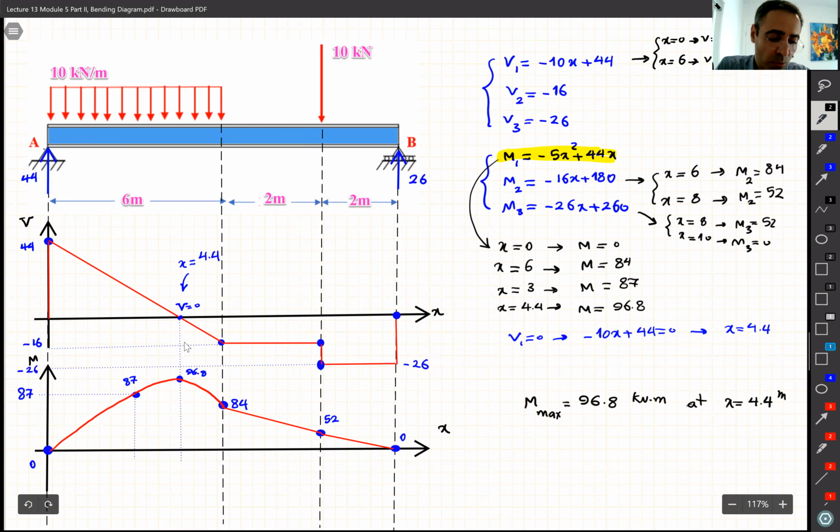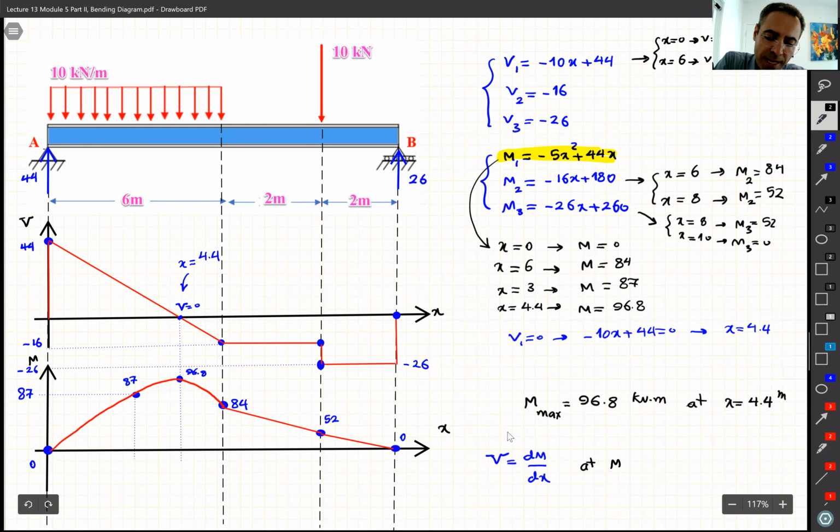And also another good thing that we can double check is we know that V is the derivative of M, right? So if at a point M is maximum, it means V is 0. Because remember, how do you find the maximum of a graph? You take its derivative, right? If you take the derivative of M and set it equal to 0, it means V equal to 0.